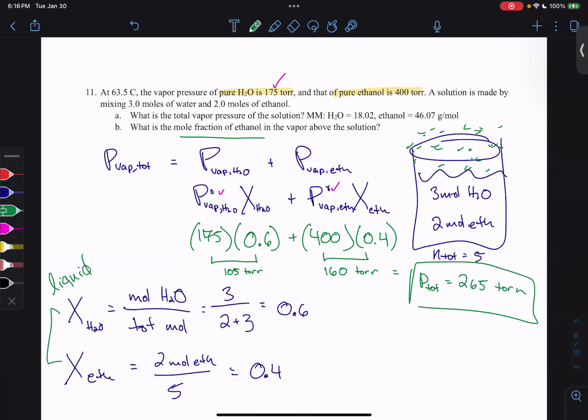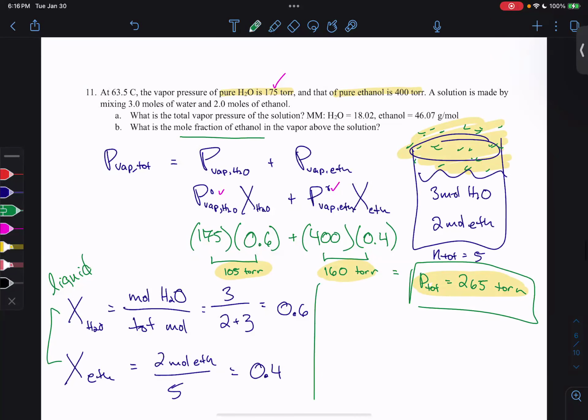So we want to use vapor values, all right? The numbers that describe the vapor phase of this mixture sitting above it are what we just calculated already, where I told you that water is contributing 105 torr, 160 is ethanol's contribution, and it's giving a total vapor pressure of 265.